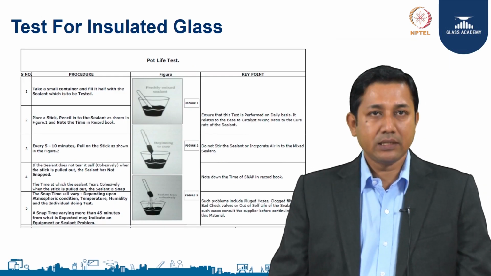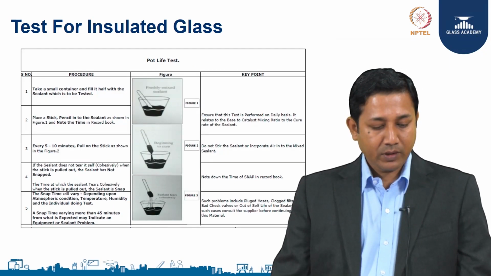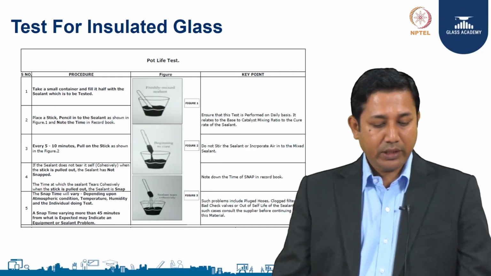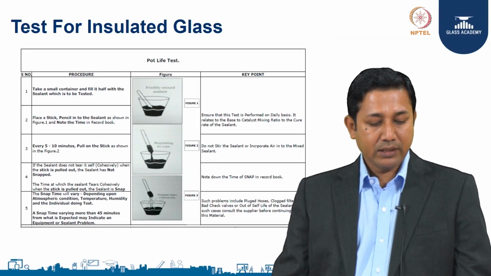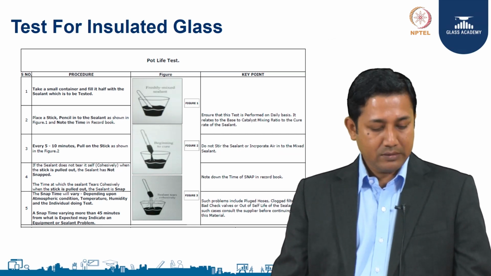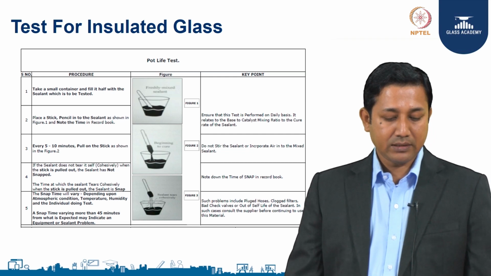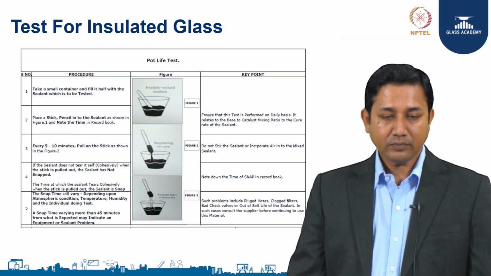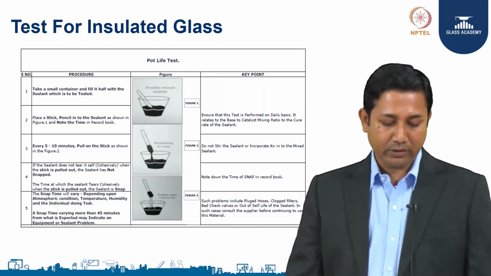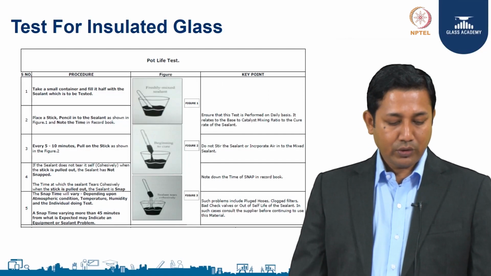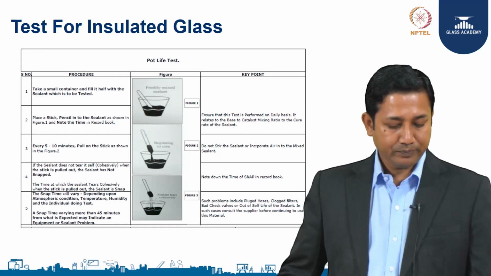The next test is the pot life test. For this we take a small container and fill it halfway with the sealant which is to be tested. You can place a stick or a pencil in the sealant as shown in the figure and note the time in a record book. Every 5 to 10 minutes, pull on the stick as shown in the figure.